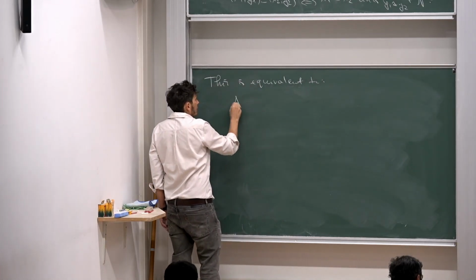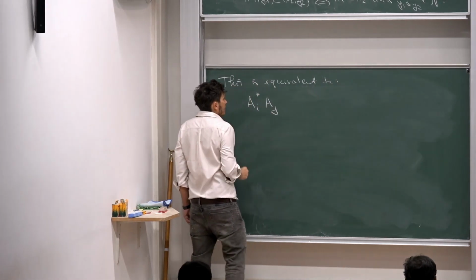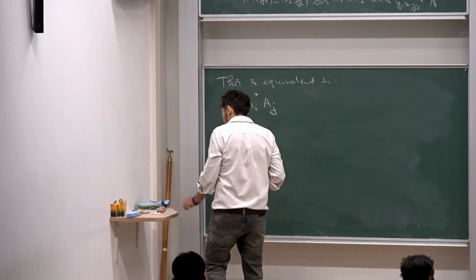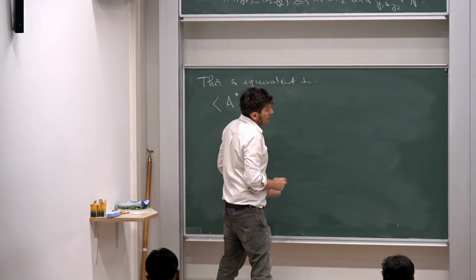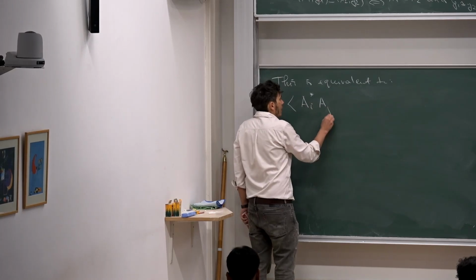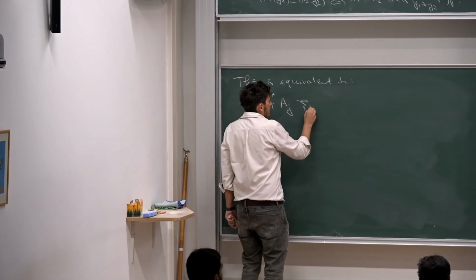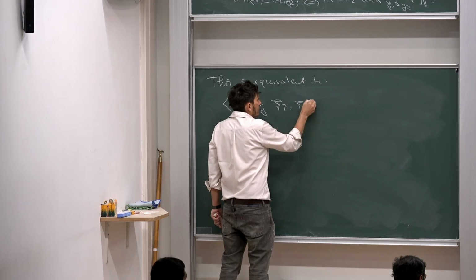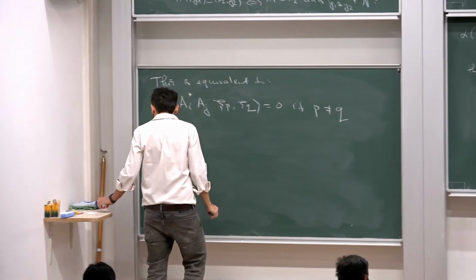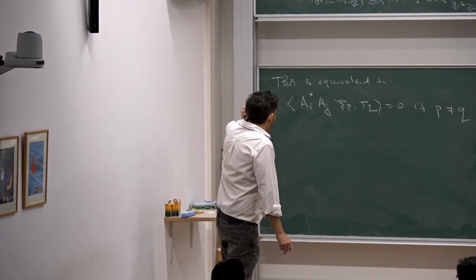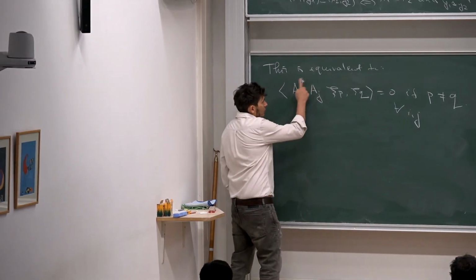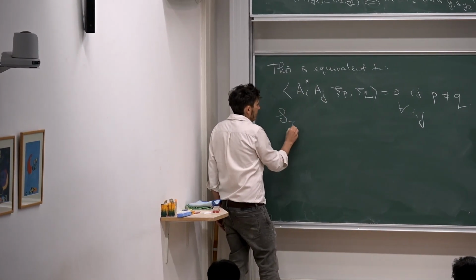It's equivalent to the following: Ai star Aj, if I play with some Cp and Cq here, has to be 0 if p is different from q. Now we take a look for all i and j at the span, in other words, of those operators. Let me call it S sub phi. It depends on phi.